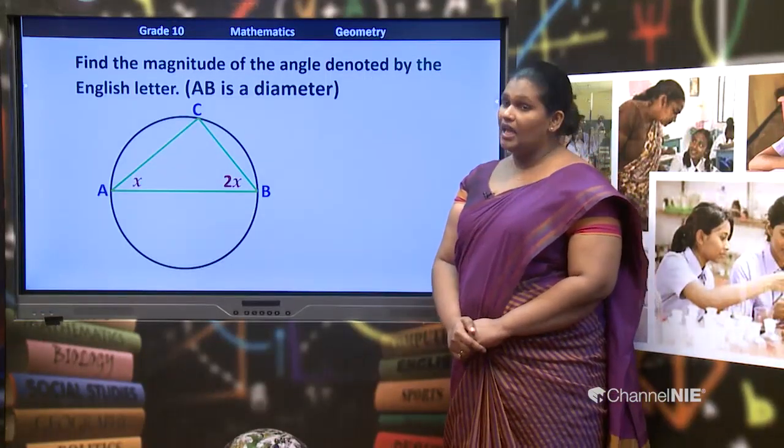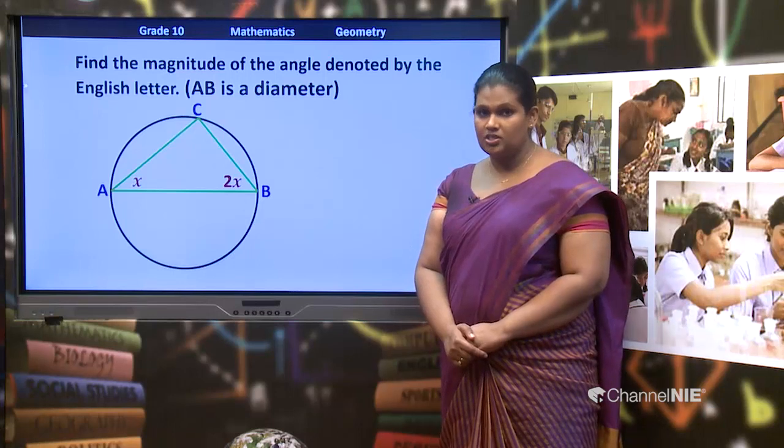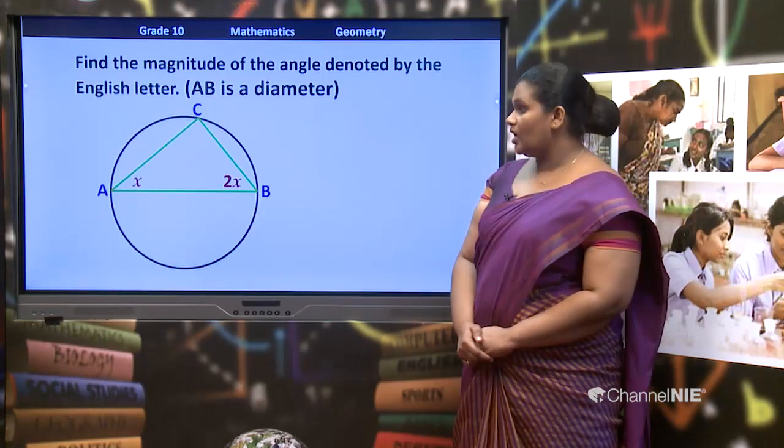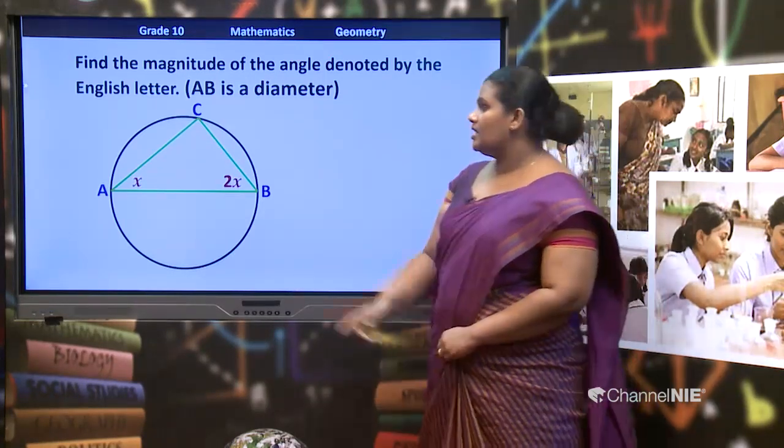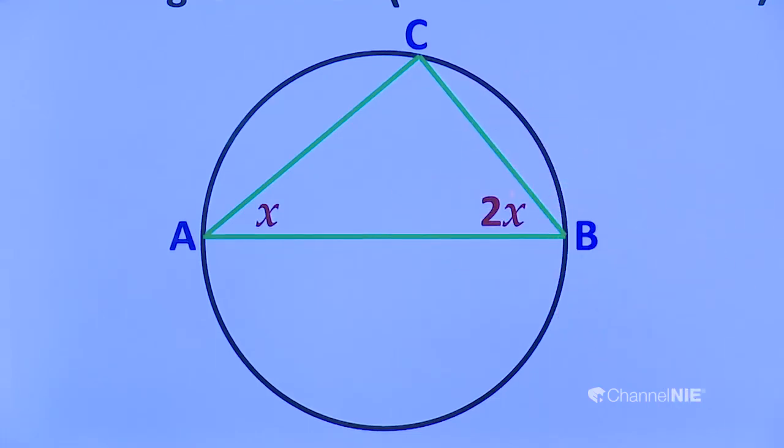Once again, AB is a diameter of this circle. Therefore, I can consider angle ACB as an angle on the semicircle. So, the magnitude of angle ACB can be taken as 90 degrees according to the theorem we have learned.